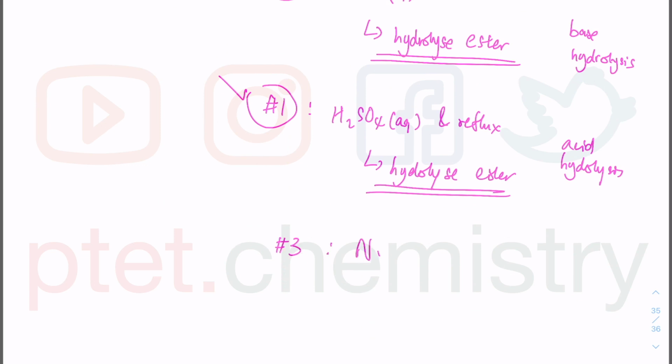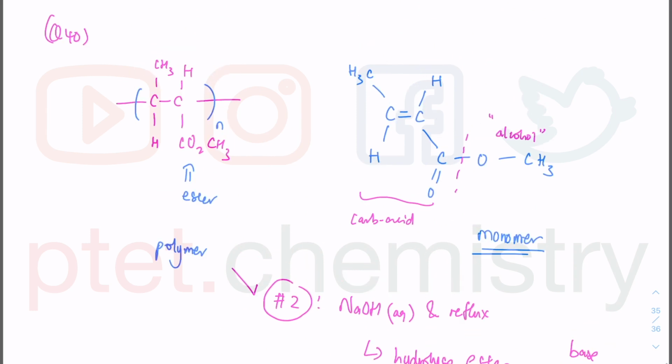Number 3 is sodium. Sodium reacts with OH group, whether you have carboxylic acid or whether you have alcohol group. But the thing is, in the polymer, we do not have any hydroxyl OH. We have an ester. This can be hydrolyzed to give you alcohol or carboxylic acid or the salt of carboxylic acid.